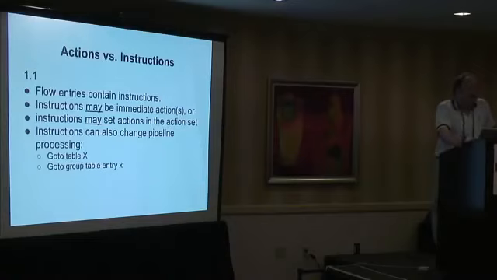And this exists because in 1.1 you can have more than one flow table. So you can have a packet come in and match an entry in flow table 0, and the instruction might be, okay, ultimately rewrite the DiffServ code point, and then jump to table 3. The packet goes to table 3, and it sees if there's a match there.